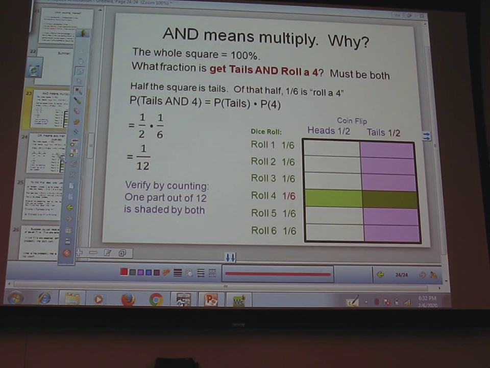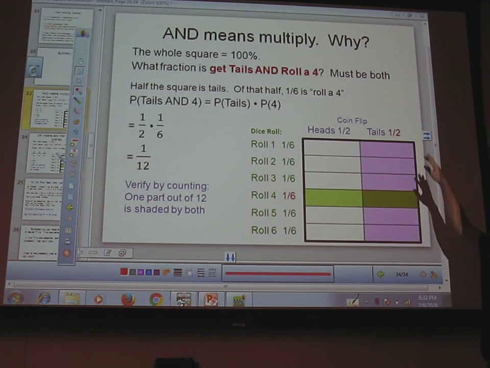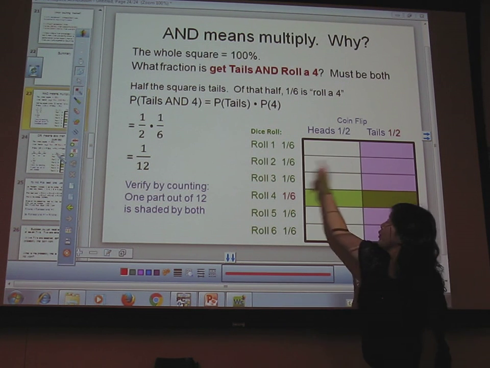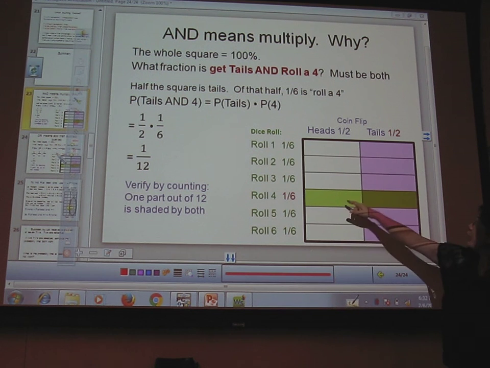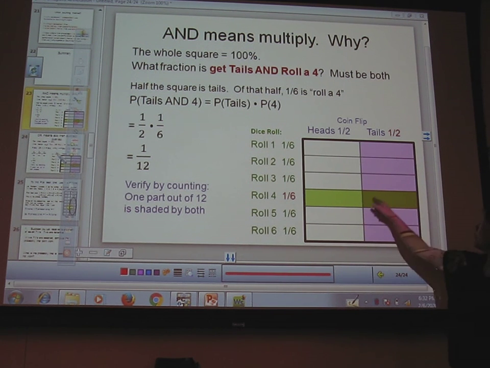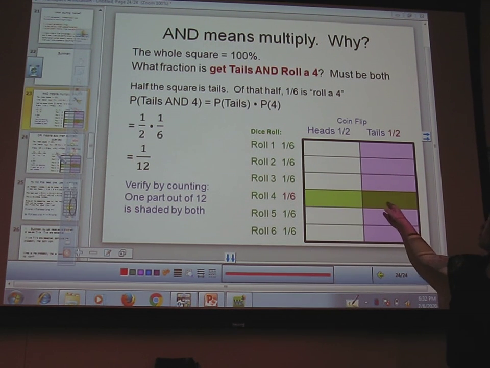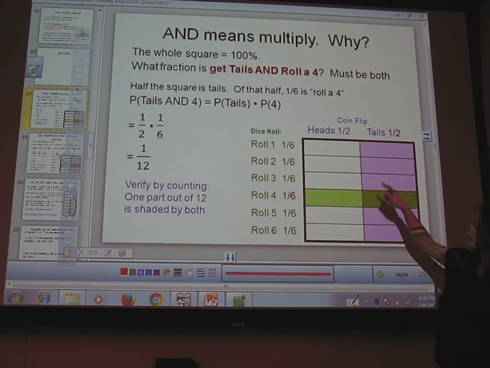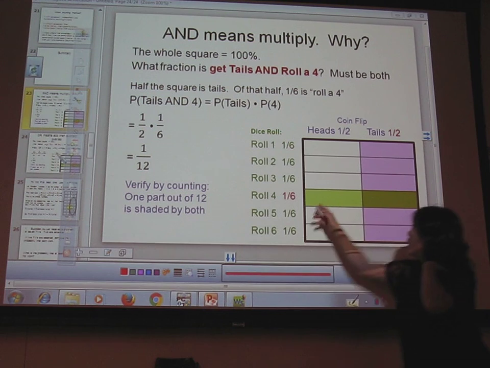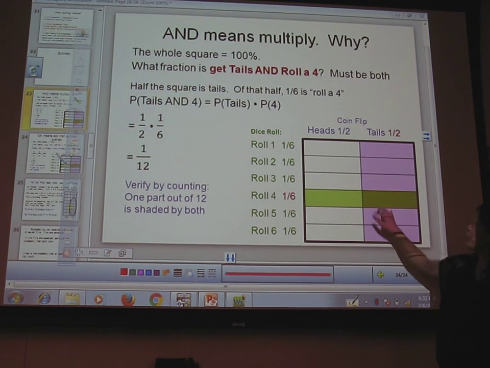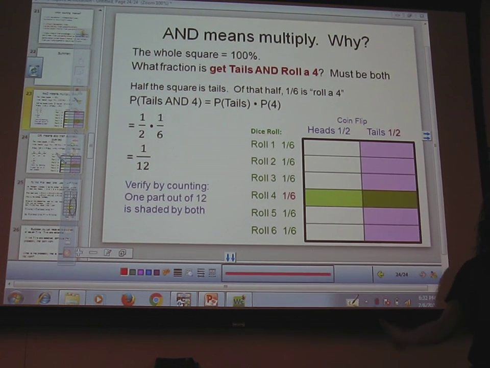And means multiply. For example, think about getting tails, a 1/2 chance. Rolling a 4, there's a 1/6 chance. The probability you roll a 4 and get tails is just the part where they overlap. It's one spot out of 12: 1/2 times 1/6, or you can think of it as 1/6, and half of those will be tails.